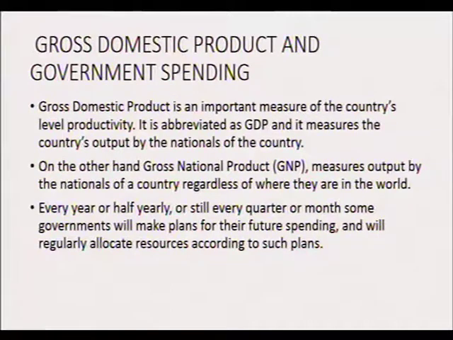It is abbreviated as GDP, and it measures the output produced within the country. On the other hand, gross national product measures the output by the nationals of a country, regardless of where they are in the world. Every year, half yearly, every quarter or month, governments make plans for their future spending and will regularly allocate resources according to such plans.